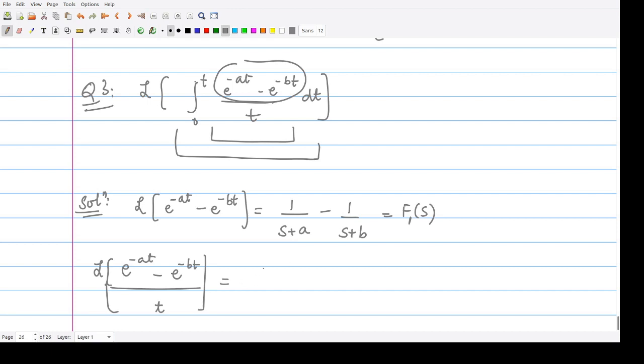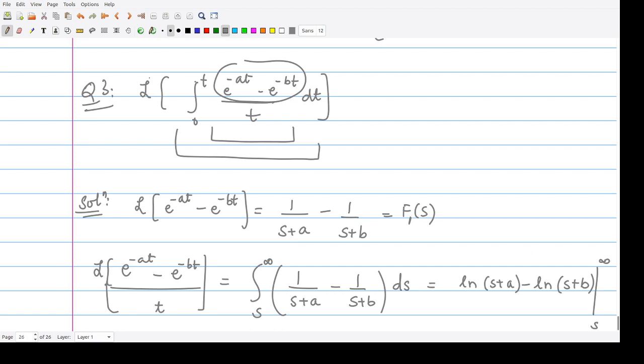Its Laplace transform would be equal to, when you divide by t, the integration from s to infinity of this f1 of s. So we would have 1 upon s plus a minus 1 upon s plus b, and its integration with respect to s. So what is this quantity? It would be log of s plus a minus log of s plus b, taking the limits from s to infinity.